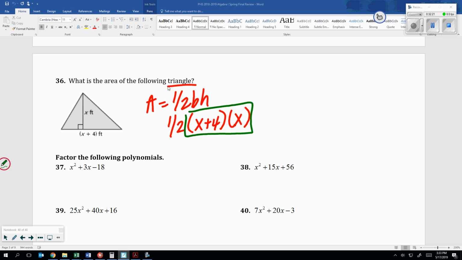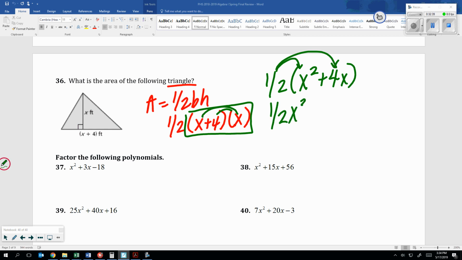You can do a box, or you can just distribute this x to both terms. When we do that, you get x squared plus 4x. Now that we have that, we're going to take this 1/2 and distribute it. So we have 1/2 x squared, and 1/2 times 4 is just 2x. So there's your area.